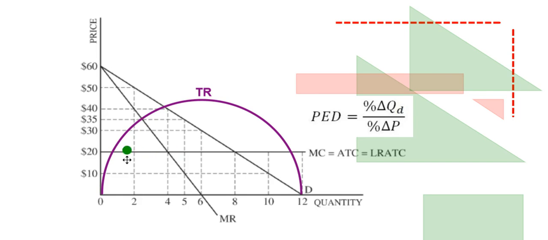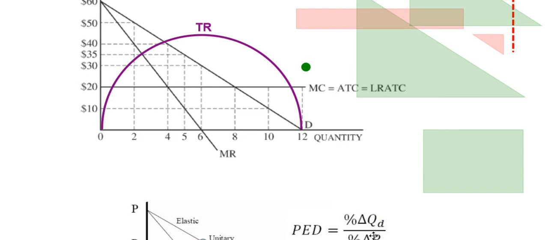So the cost is going to be $20 per unit no matter how many units. So that's what that's telling you. So you have a flat zero slope marginal cost, average total cost, long range average total cost curve. Okay, so let me get that out of the way for now.